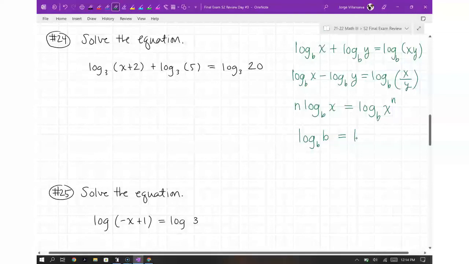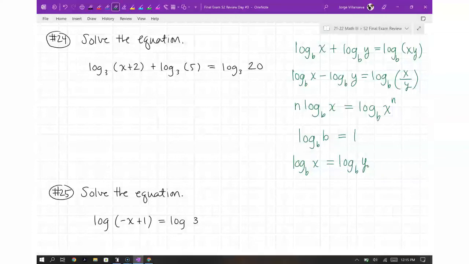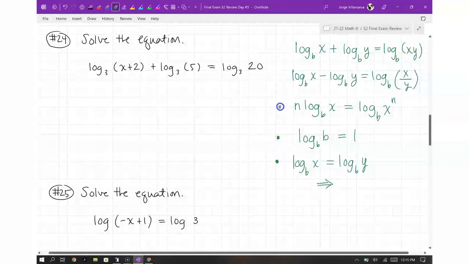There's one more I got to show you. Okay, the last one is this. If you're solving an equation and now you have logs equal to each other, so log base b of x equals log base b of y, that implies, let me put little dots here so you guys can see these properties, that implies that x can be set equal to y.